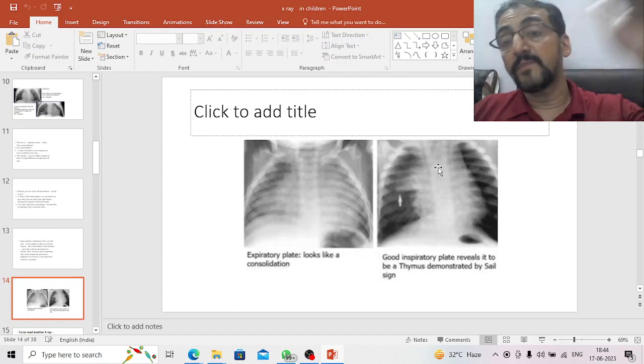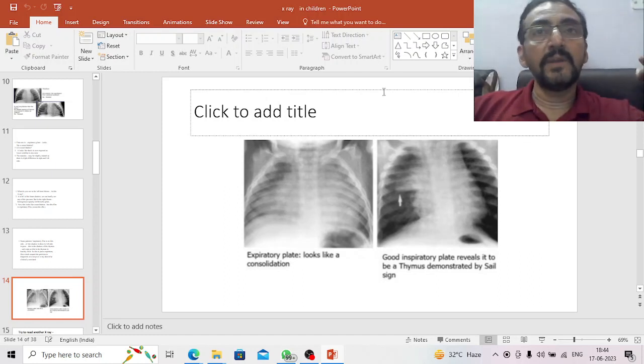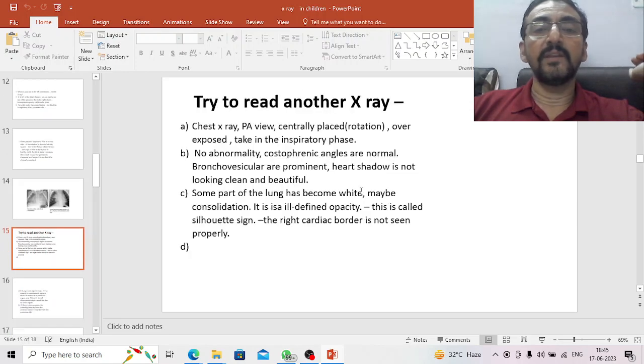Otherwise such differences cannot be identified so easily.